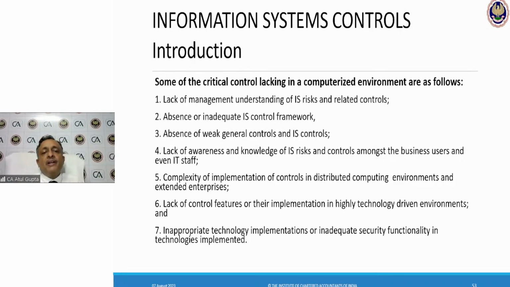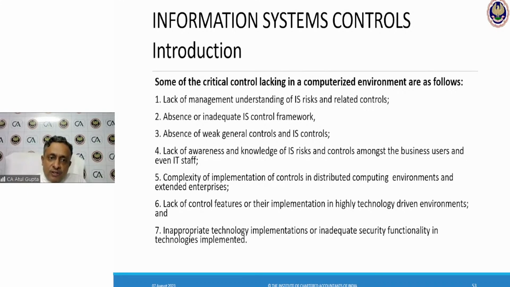Then lack of awareness and knowledge of information system risk and controls amongst business users and even information technology staff. So this is again a huge issue that people don't understand the gap that comes because you don't know how systems are operating.